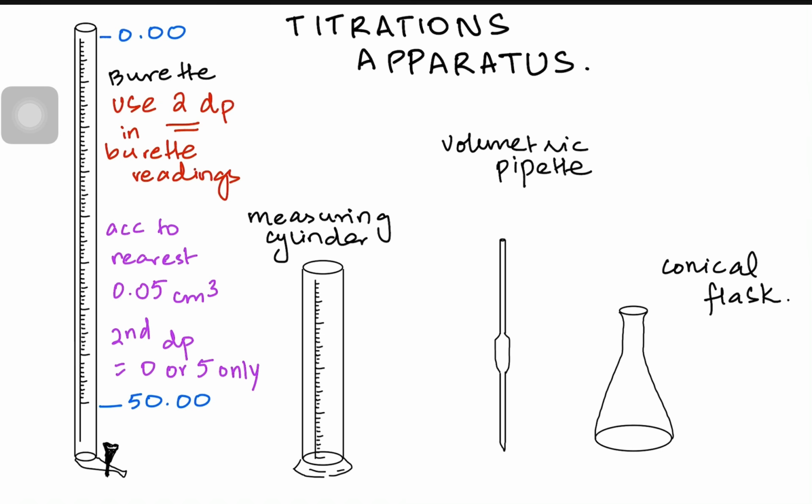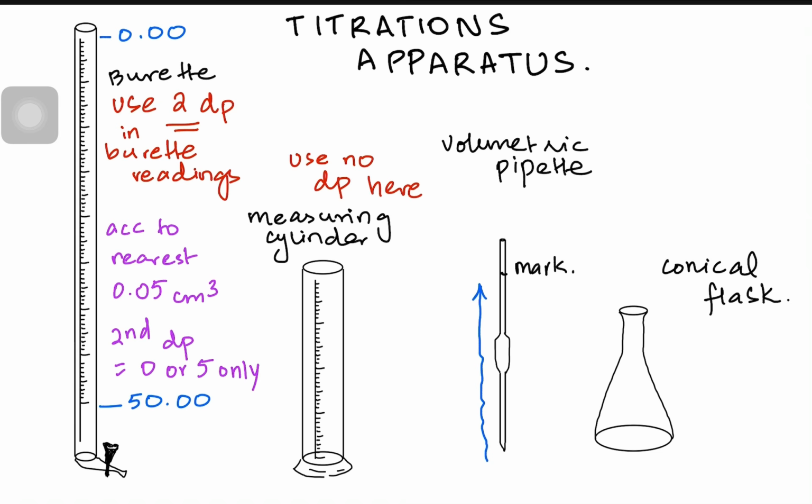A measuring cylinder is not very accurate. You use no decimal place here. It is just for rough estimations. A volumetric pipette has a specific mark, and you fill it by creating a suction.